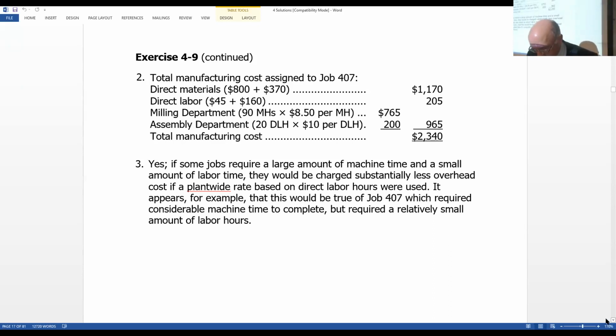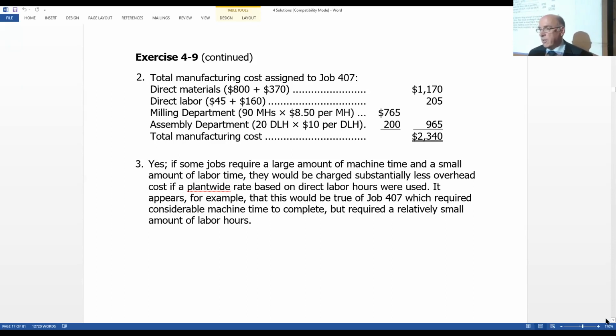Number 3, would you expect substantially different amounts of overhead costs to be charged to some jobs if the company used a plant-wide overhead rate based on direct labor hours instead of using departmental rates? Sure. Here we have 2 different cost drivers. In the milling department, it's machine hours. In assembly, it's labor hours. What if they use just labor hours or just machine hours?